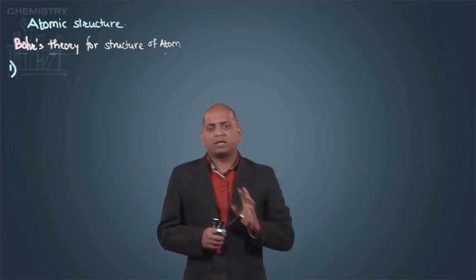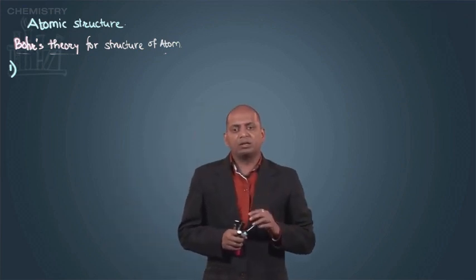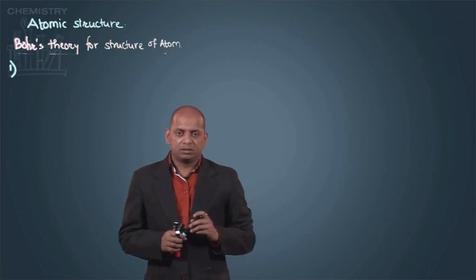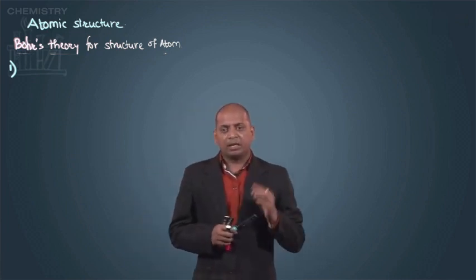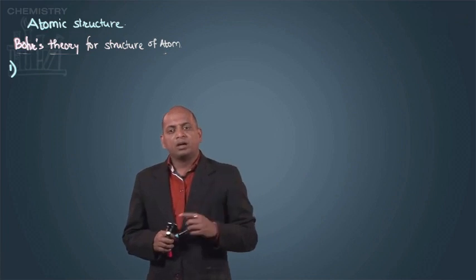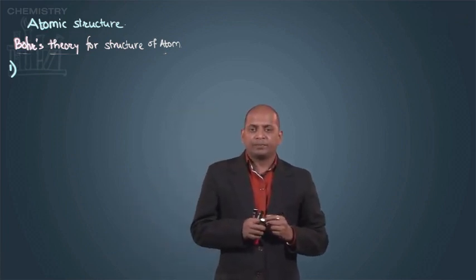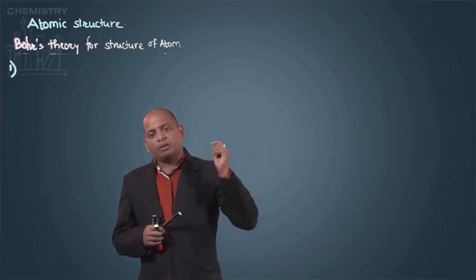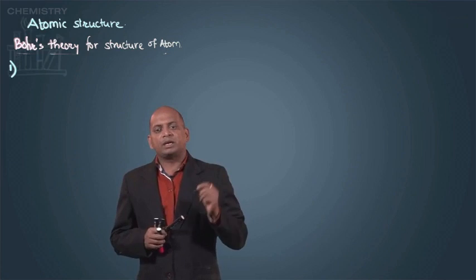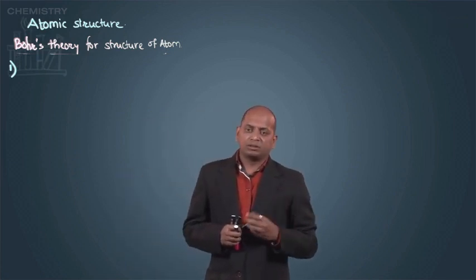As long as the electrons are revolving in that stationary orbit, they never lose energy. As long as electrons are revolving in a circular path, they never lose their energy. Means a certain fixed amount of energy is associated with those shells, the stationary orbits.